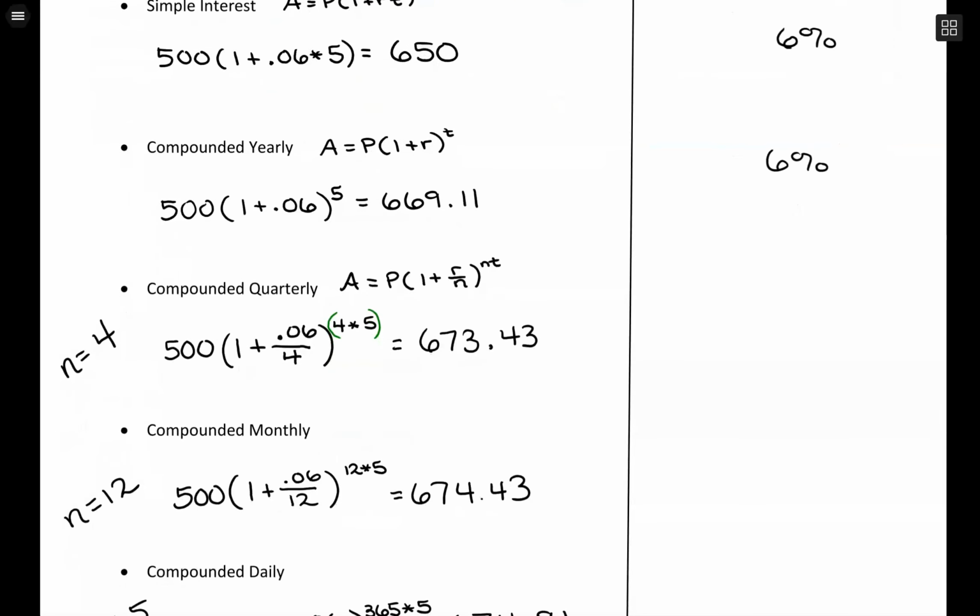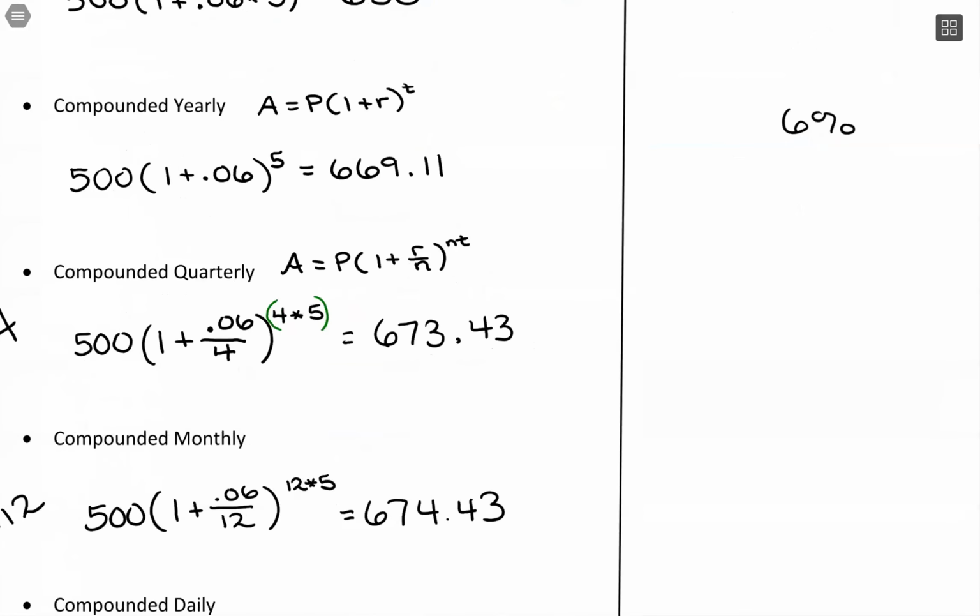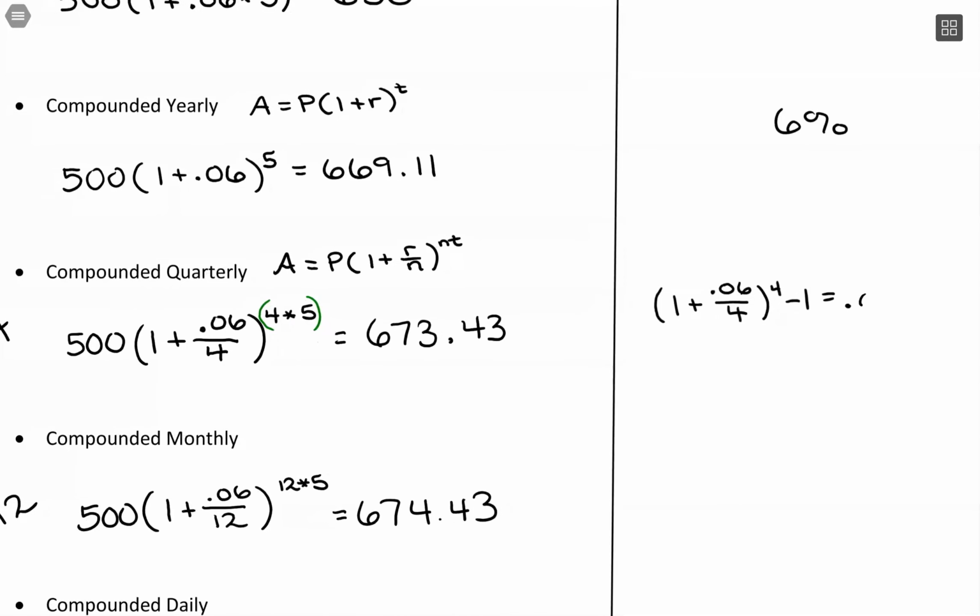But like compounding quarterly, where we're using this 6% multiple times per year, to see our actual percentage growth, what we'll do is take 1 plus the rate of 0.06 divided by 4 raised to the power of 4. And if we take 1 away, then we can see our percentage growth, which would be a 0.0614. So we're actually getting 6.14% per year from that account.